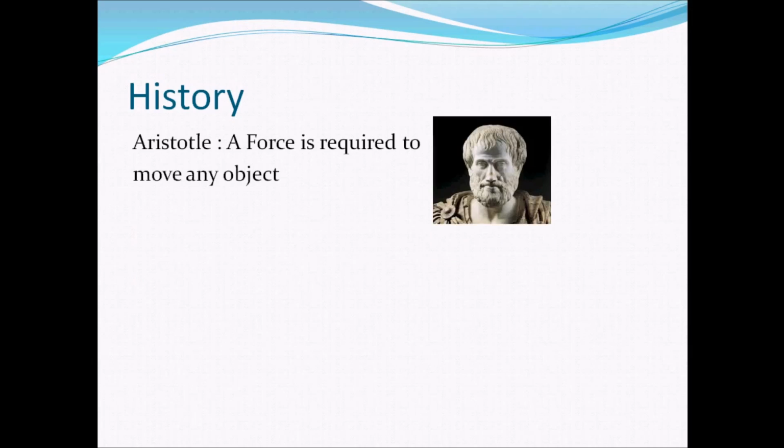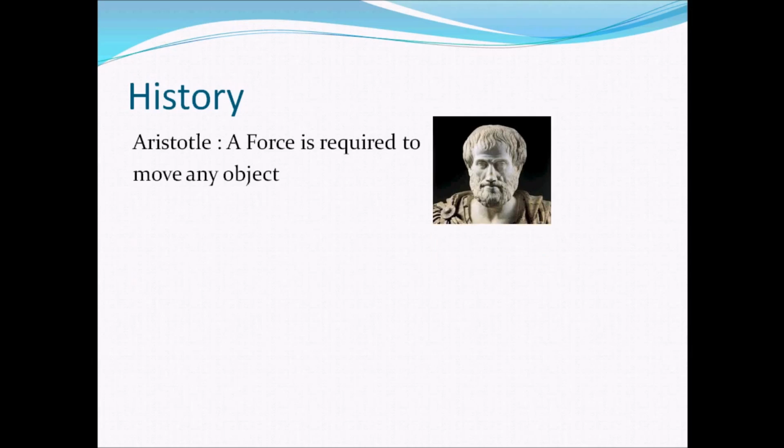And this seems natural enough. If we have a pen on a table, for example, the pen is not moving. It seems to us that the natural state is at rest, and when we push the pen, it starts moving. But what we see is, generally, when we stop pushing, the pen stops moving. From that, the conclusion Aristotle made was that to keep a pen moving, you have to keep applying a force to the pen. And the moment you stop applying a force, the pen stops moving.